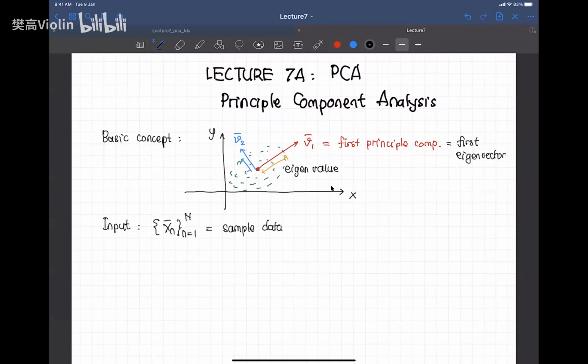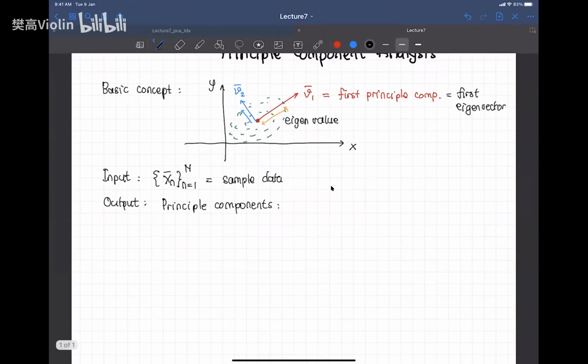And our output will be the principal components, represented by V1 up to Vm.